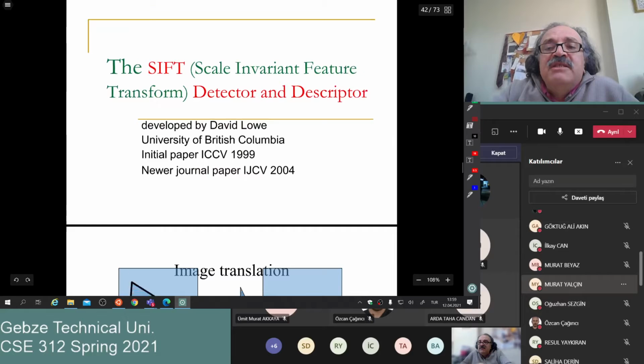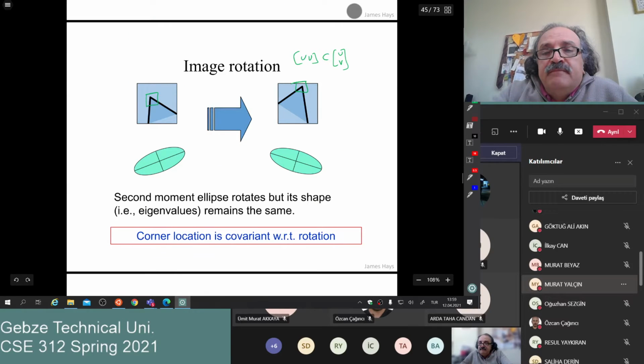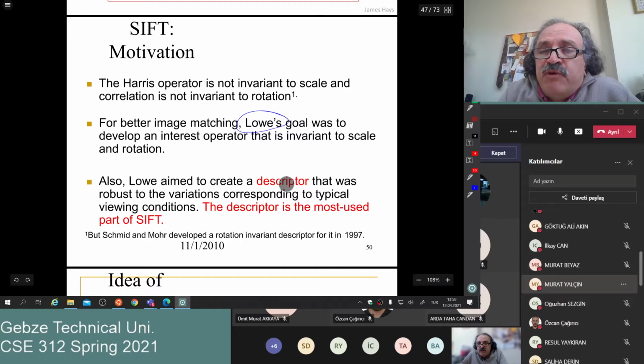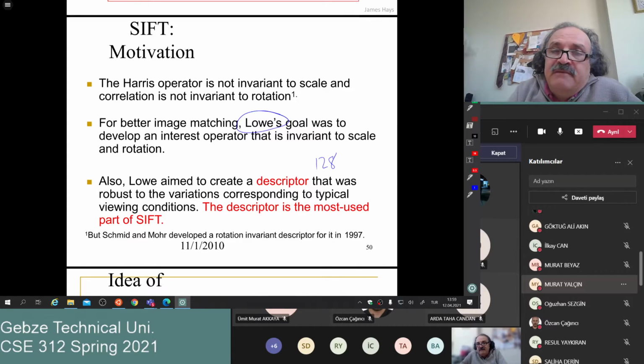What I am trying to say is that the idea of Harris is this: first, find the interest point. Second, produce a descriptor for that point. That descriptor is going to be a 128 dimensional vector to represent that point.